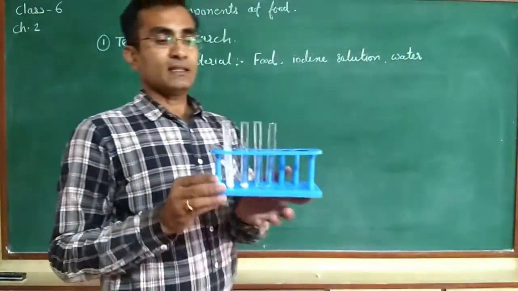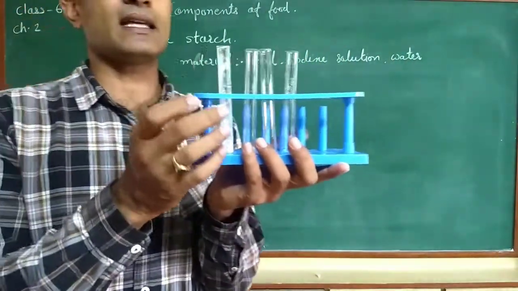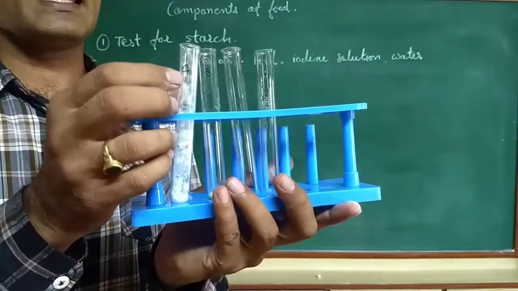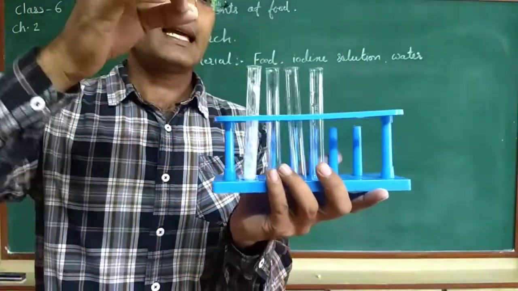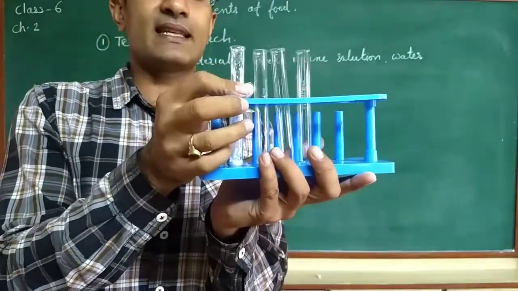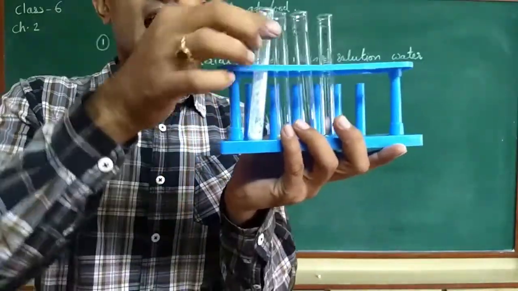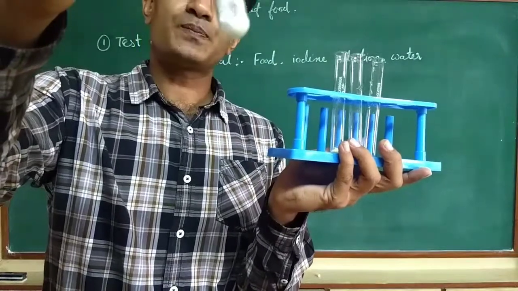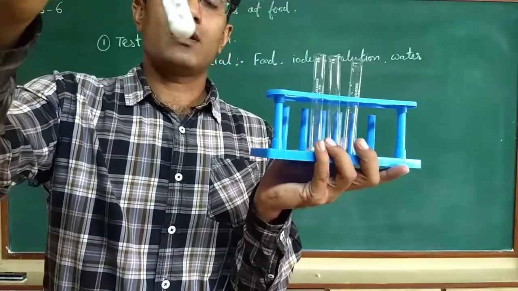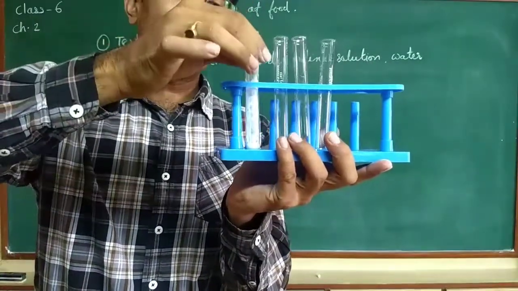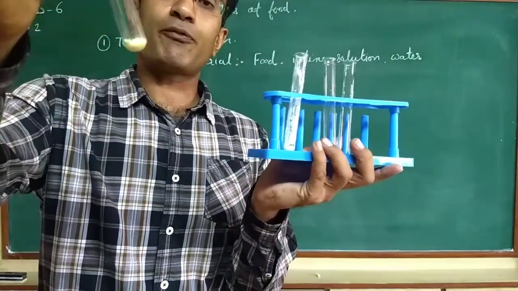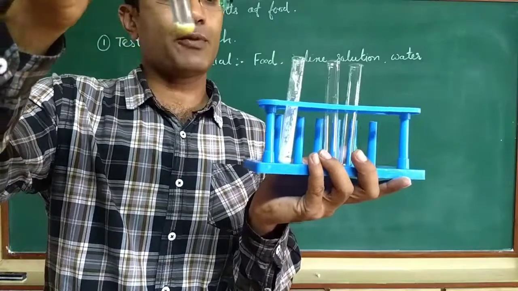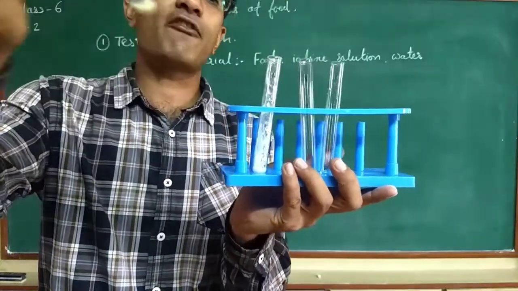I have taken these four test tubes and marked each test tube with A, B, C and D. In the first test tube, test tube A, I have taken rice flour. In the second test tube, I took chickpea flour, or we can say gram flour.